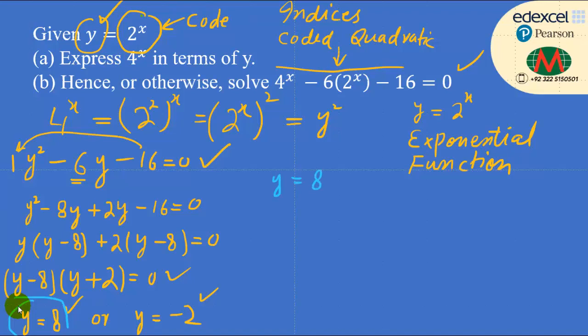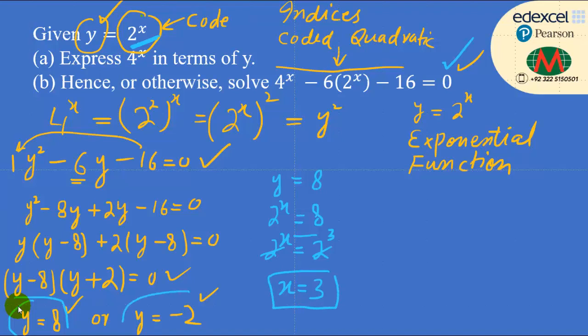We know that y is basically equal to 2^x. So 2^x is equal to 8, and we know that 2^3 is equal to 8. Now we have the same base, base 2. So comparing these two, the solution is x is equal to 3. So we have the first solution of this indices coded quadratic, x is equal to 3.